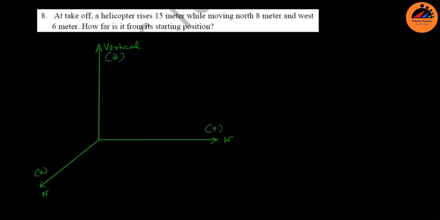Okay, so the unit vector along x is i cap. So I can see the position vector of this helicopter. Suppose this is the helicopter, and this is its position.